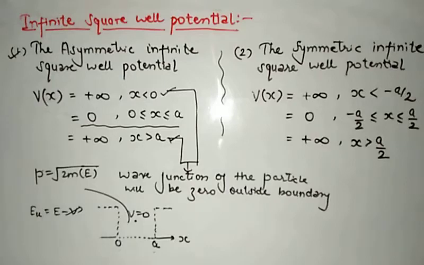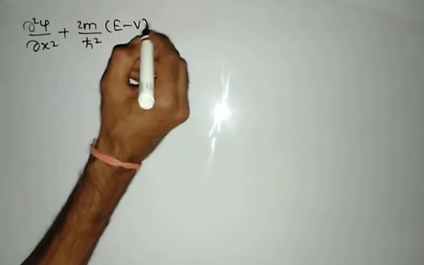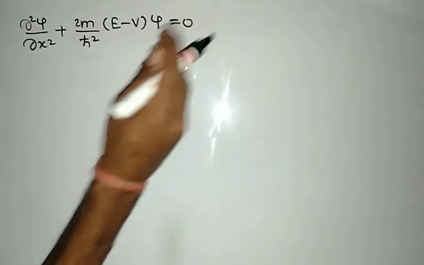So, now let us see. For the region 0 to a, to study the dynamics of the particle, we use the Schrodinger equation: del square psi upon del x square plus 2m upon h cut square (E minus V) psi is equal to 0.